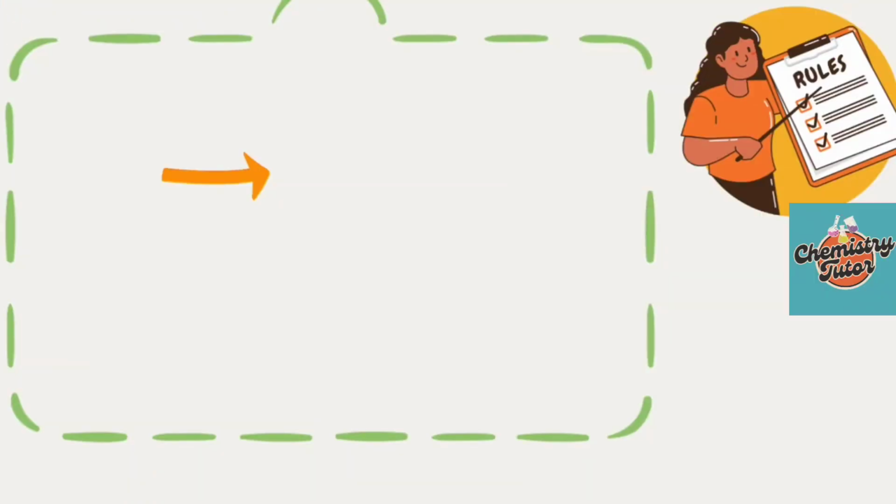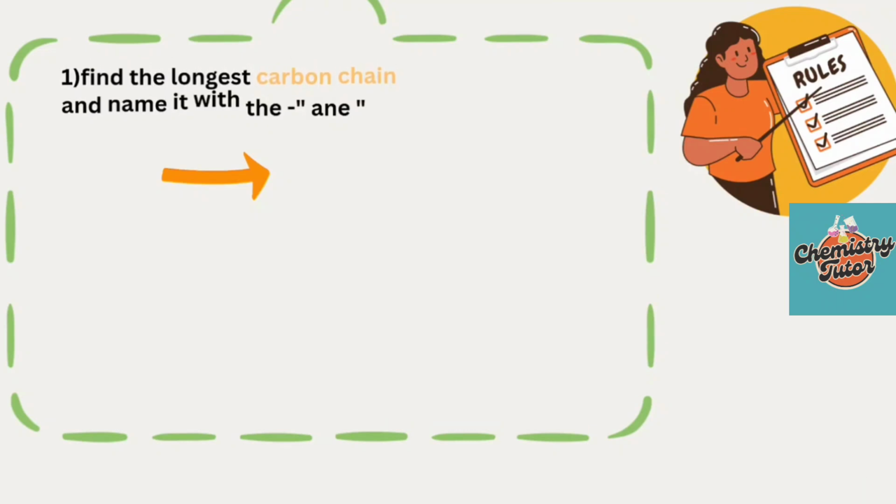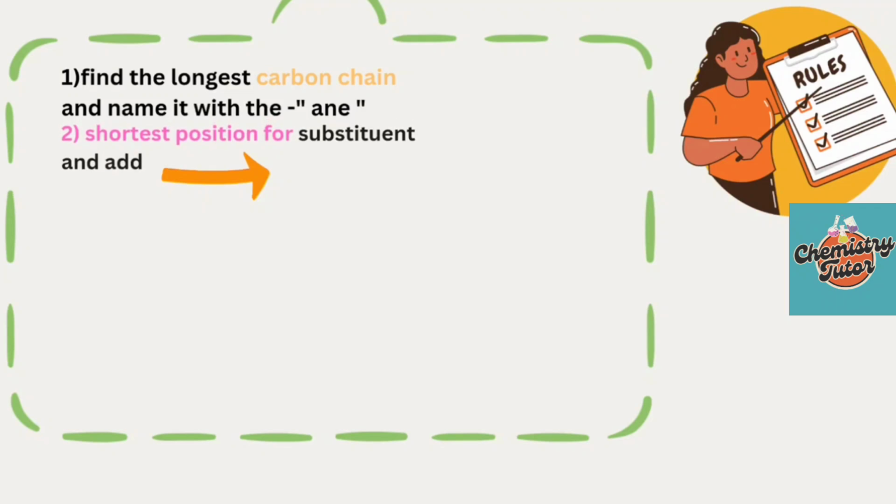Rules for naming branched alkanes. Number 1, find the longest carbon chain and name it with ane. Second one, shortest position for substituent and add yl. For example, methyl, ethyl and propyl.